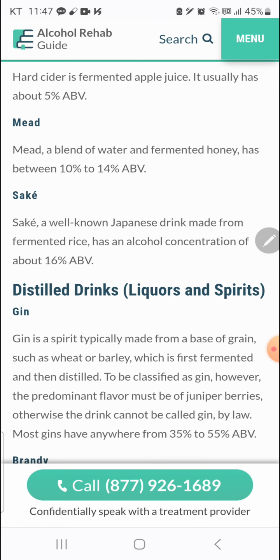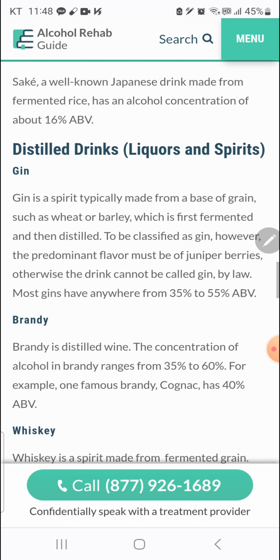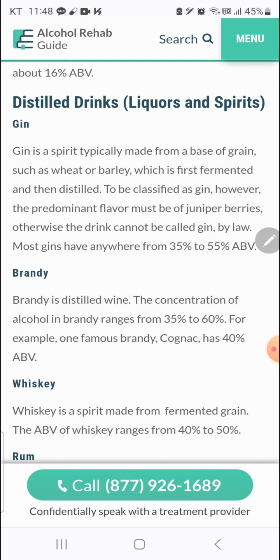Distilled drinks, liquors, and spirits. Gin. Gin is a spirit typically made from a base of grain, such as wheat or barley, which is first fermented and then distilled. To be classified as gin, however, the predominant flavor must be of juniper berries.